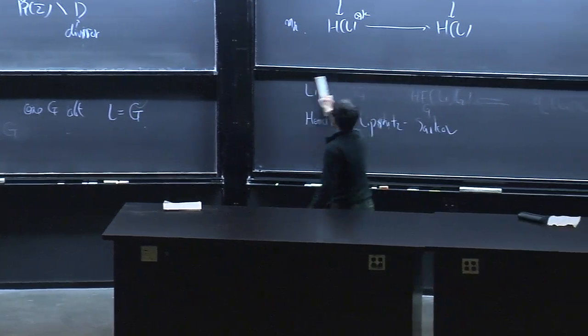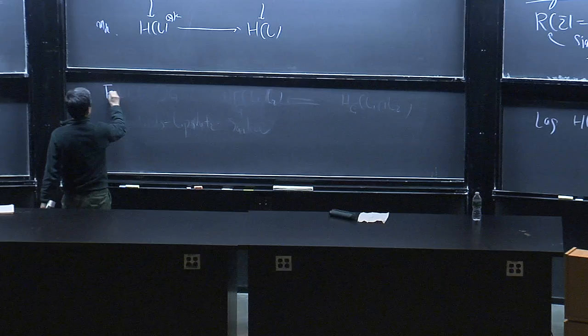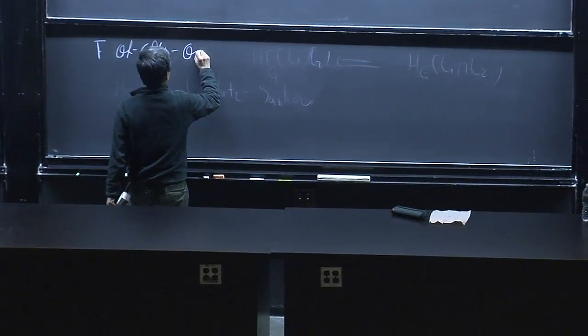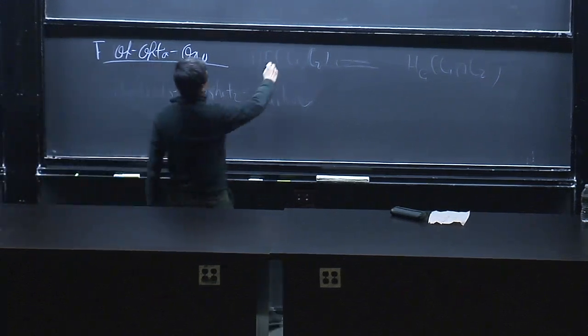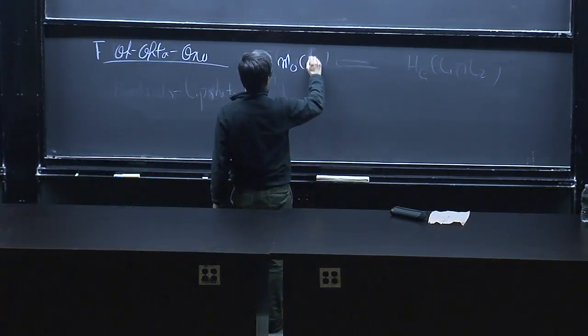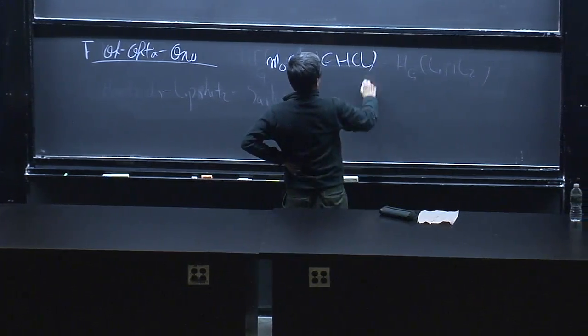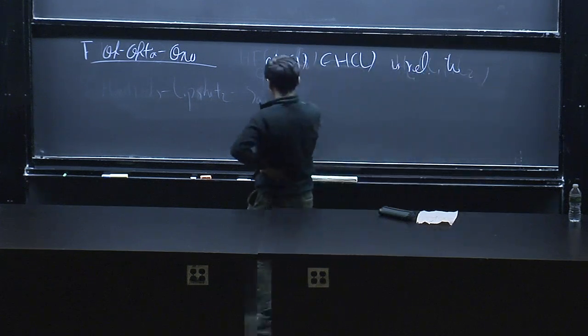The theorem in the book by Fukaya, Oh, Ohta and Ono involves something like M0 of 1, which is something like a homology class of L, and is related to the well-definedness of Floer homology.